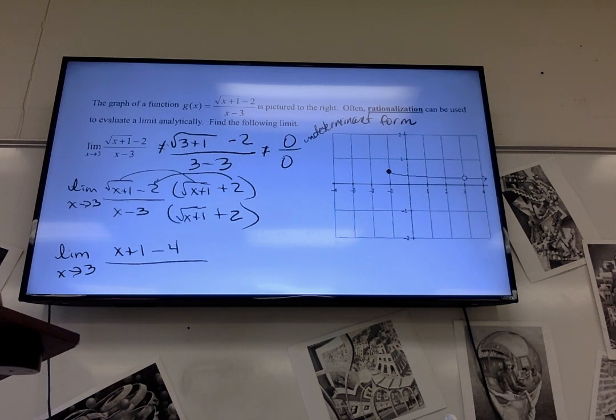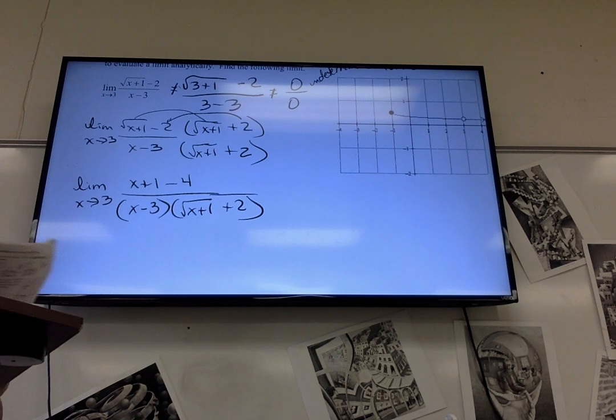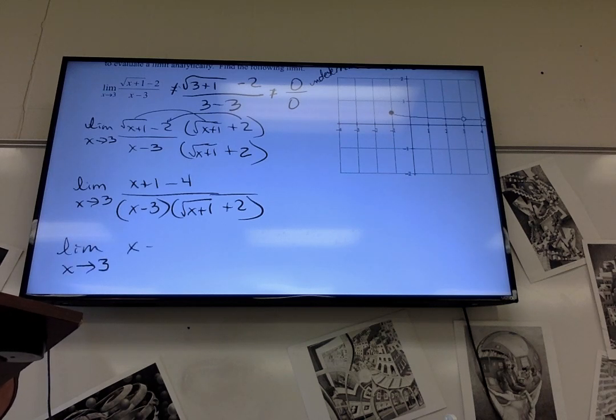And on the bottom, I'm just going to leave it like this. I can simplify the top a little bit. That becomes x minus 3.